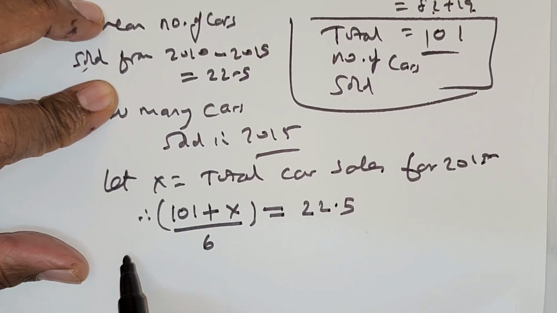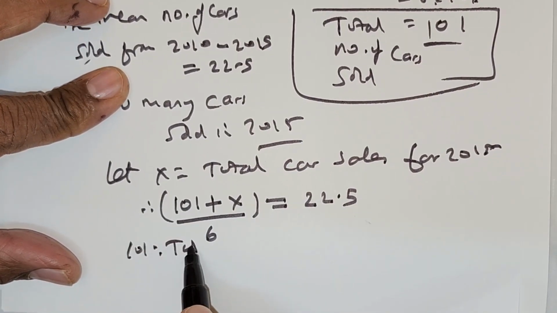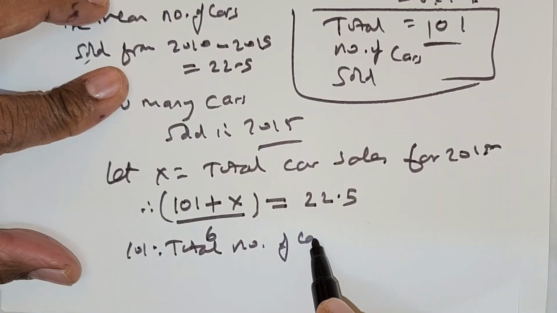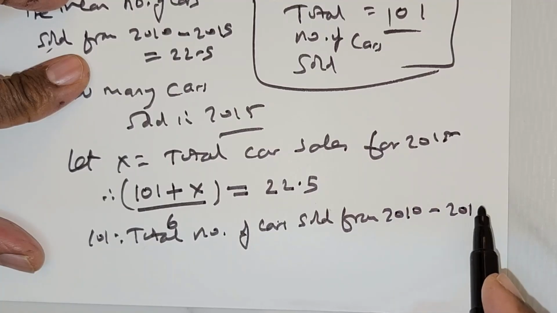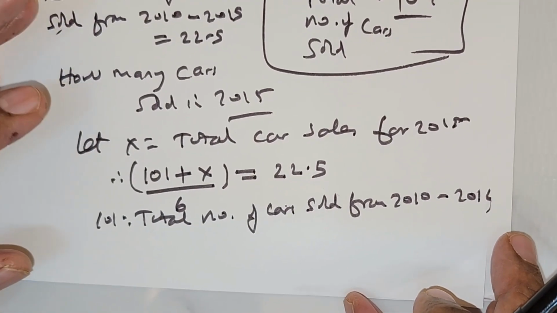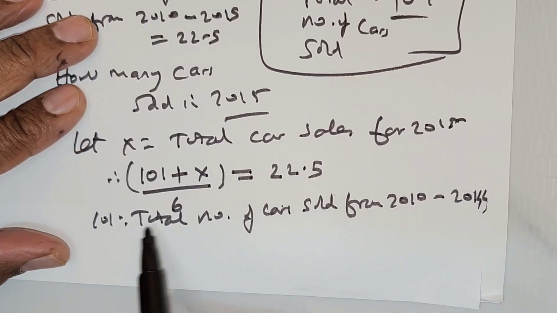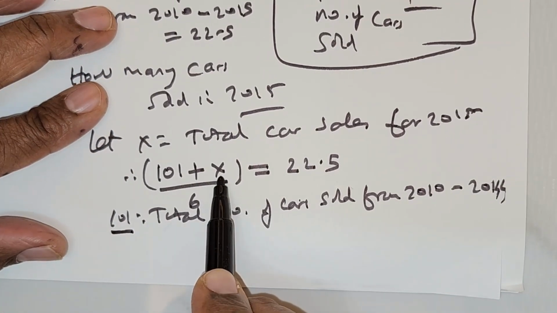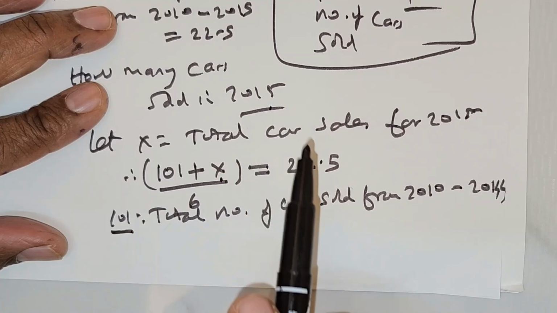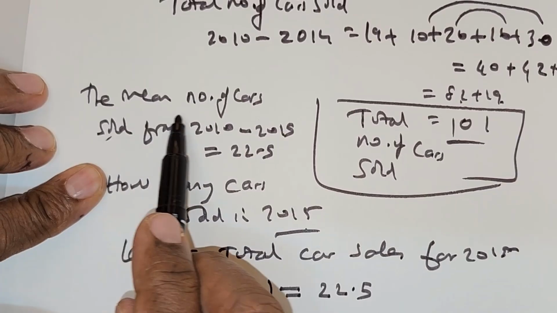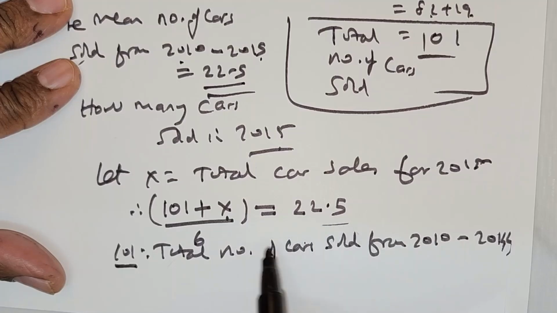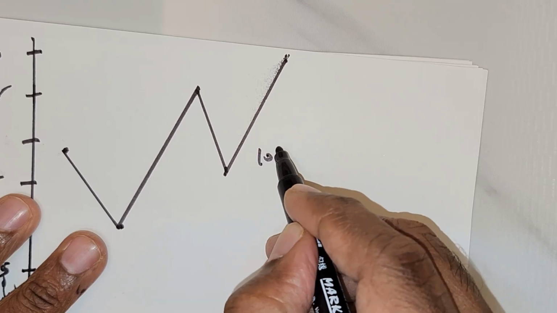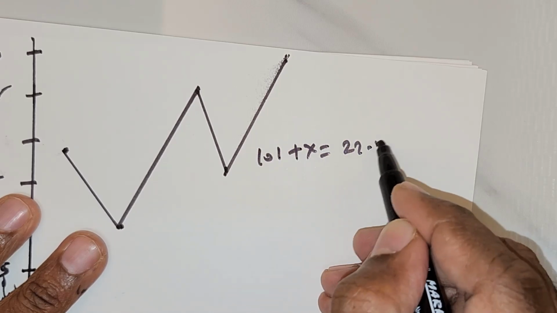So let me explain to you. 101 is the total number of cars sold from 2010 to 2014. x is the sale for 2015. Now the mean number of cars sold from 2010 to 2015 is given as 22.5. So that's why we are equating it like this. So you cross multiply: 101 plus x is 22.5 times 6.